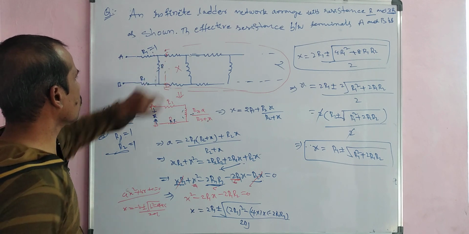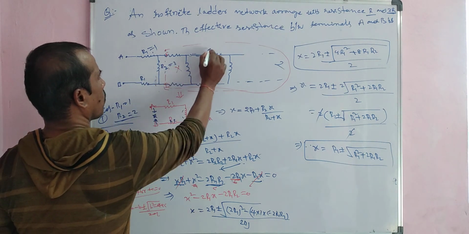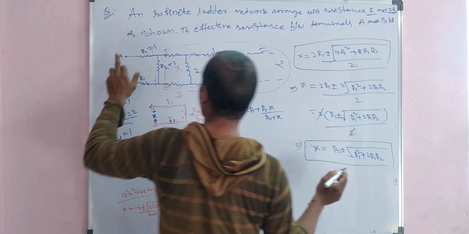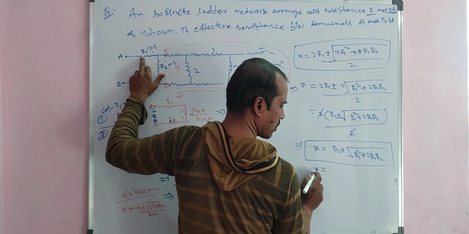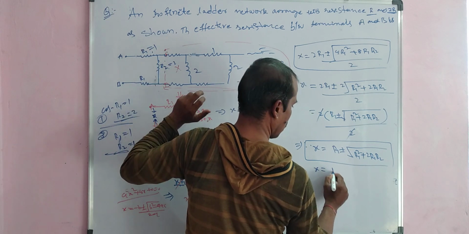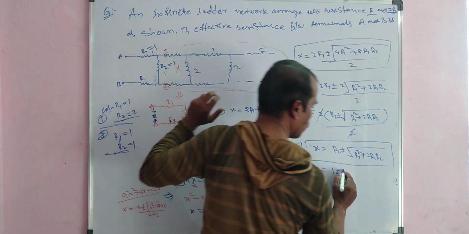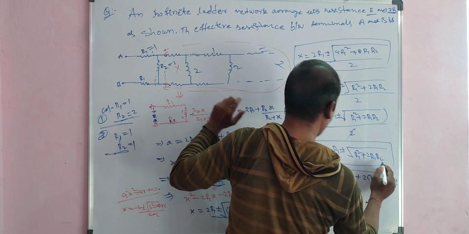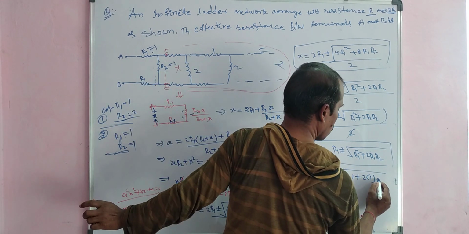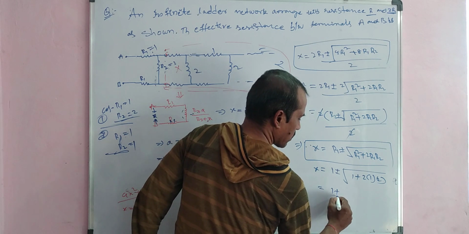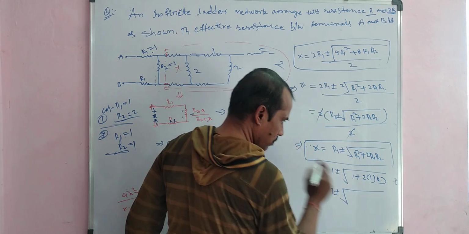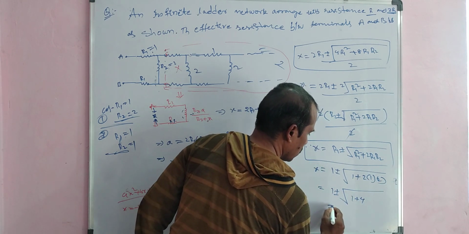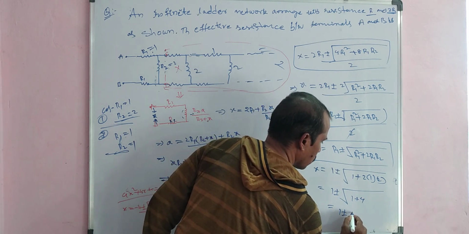Substituting these values, the effective distance is x is equal to r1, that is 1, plus or minus under root of 1 square plus 2 into 1 into r2, which is 2. That is 1 plus or minus under root of 1 plus 4, which is 5. So 1 plus or minus root 5.